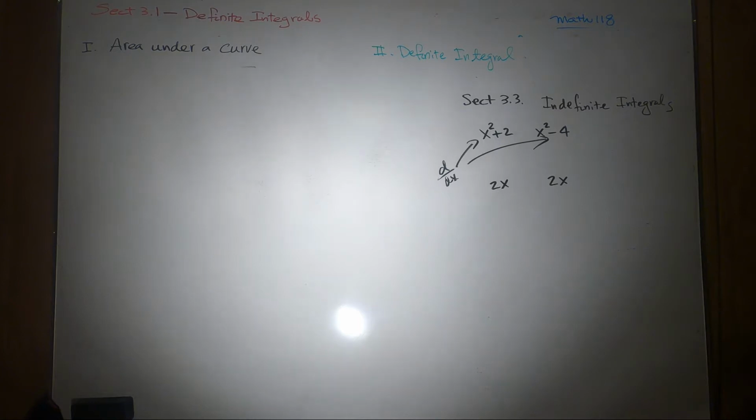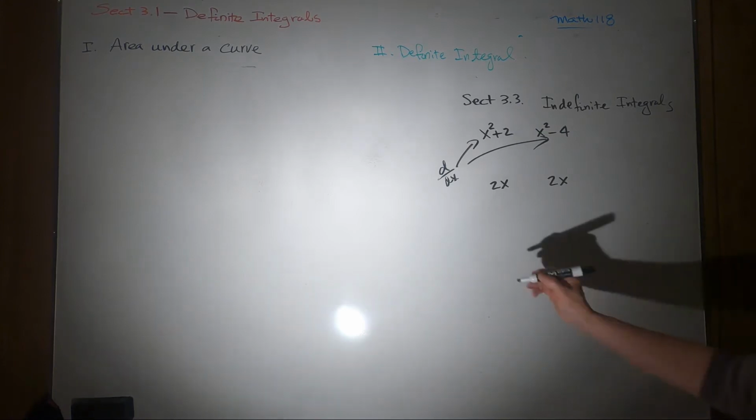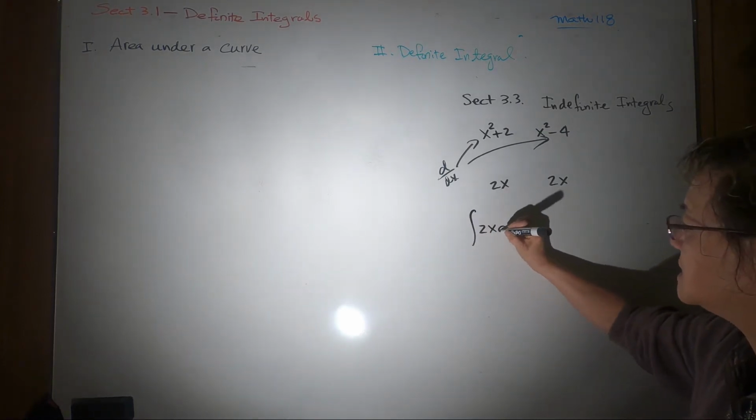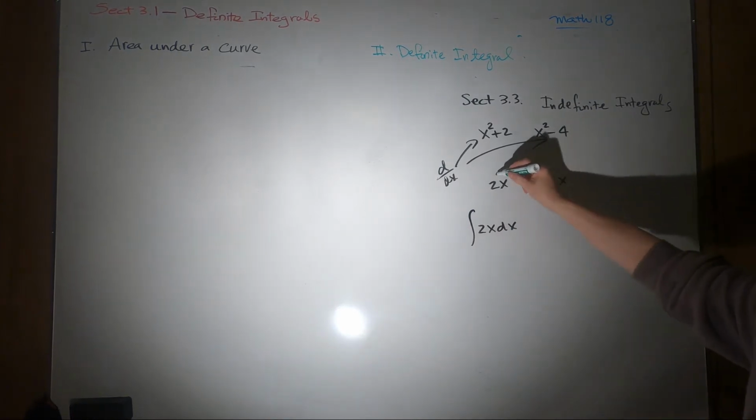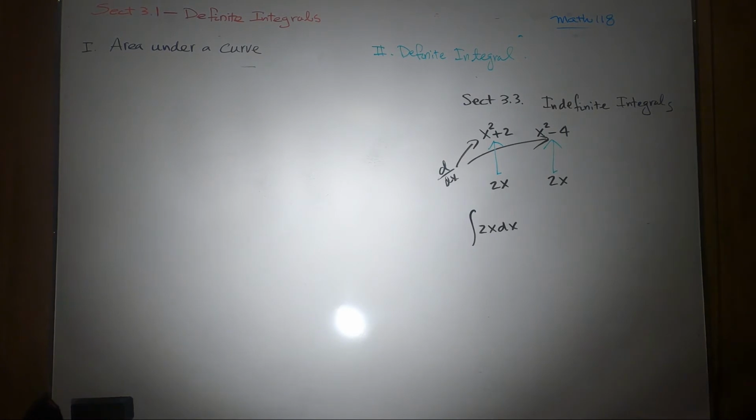Then when we take the antiderivatives, which is the integrals, we say 2x with respect to x, take the integral, then it can go back to either here or here, right? Many other things, because of the constant there.